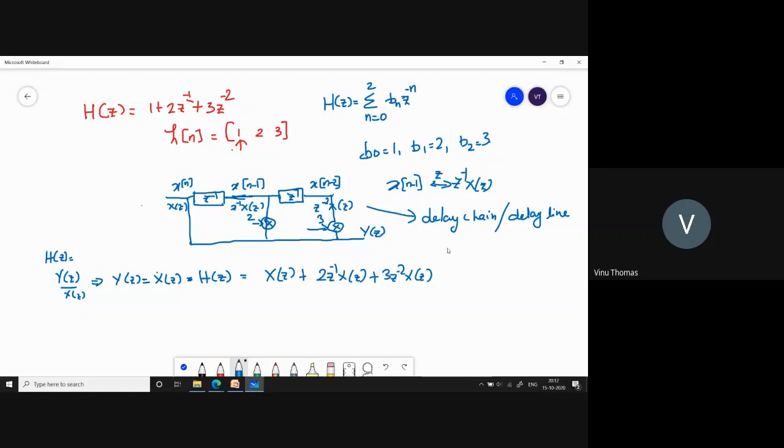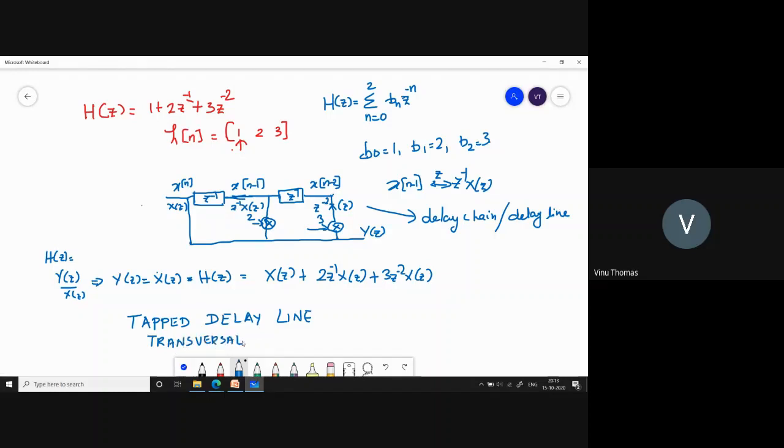Since you are taking taps from the delay chain, we call this structure a tapped delay line structure. We have different names for this structure, which we'll see as we progress. You can call this a tapped delay line structure, or it's also known as a transversal delay line structure.